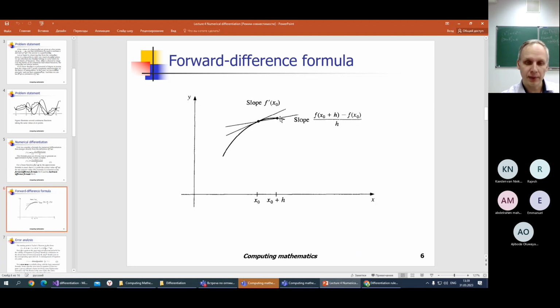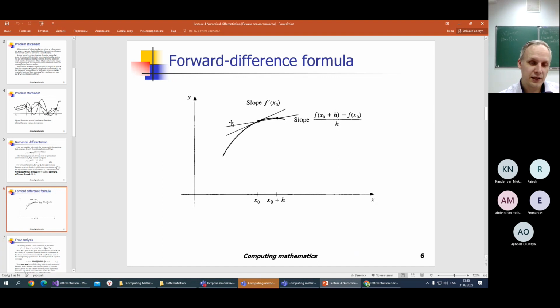I think you can imagine that if I move these 2 points closer and closer, this line will be closer and closer to the real tangent line with the real slope.